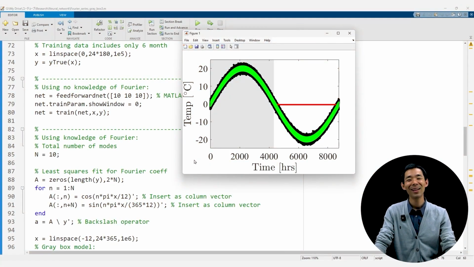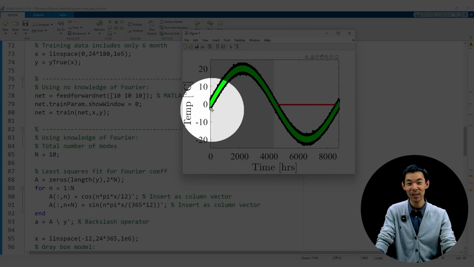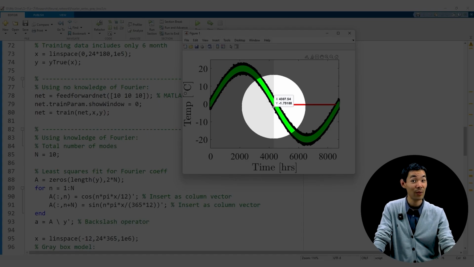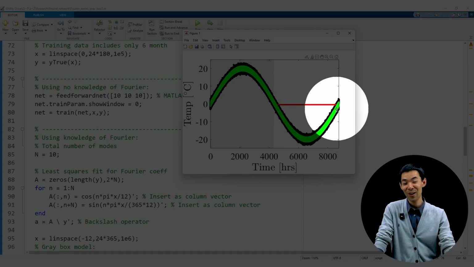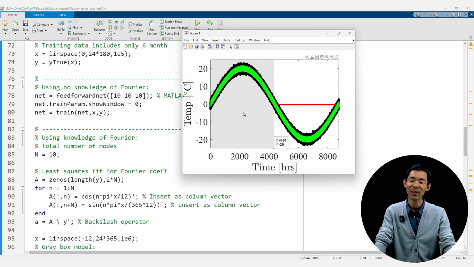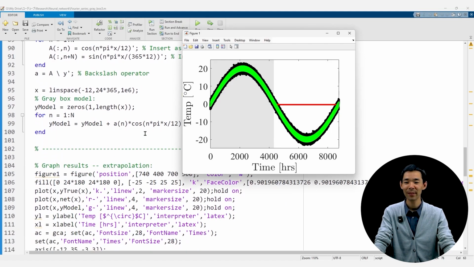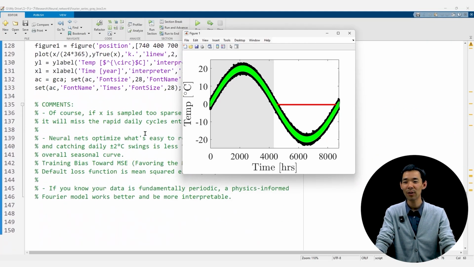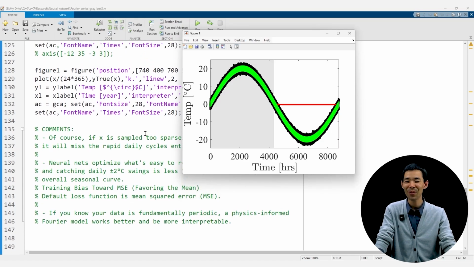So again, it shows the advantage of the gray box in not only extrapolating beyond the training set. Again, I'm only giving a training set between 0 and 6 months, so half the year, but it's doing a pretty good job capturing the rest of the year because we kind of know that the year follows a rough annual sinusoidal cycle. Okay? There's actually a lot of things that we're learning from just this very simple example.